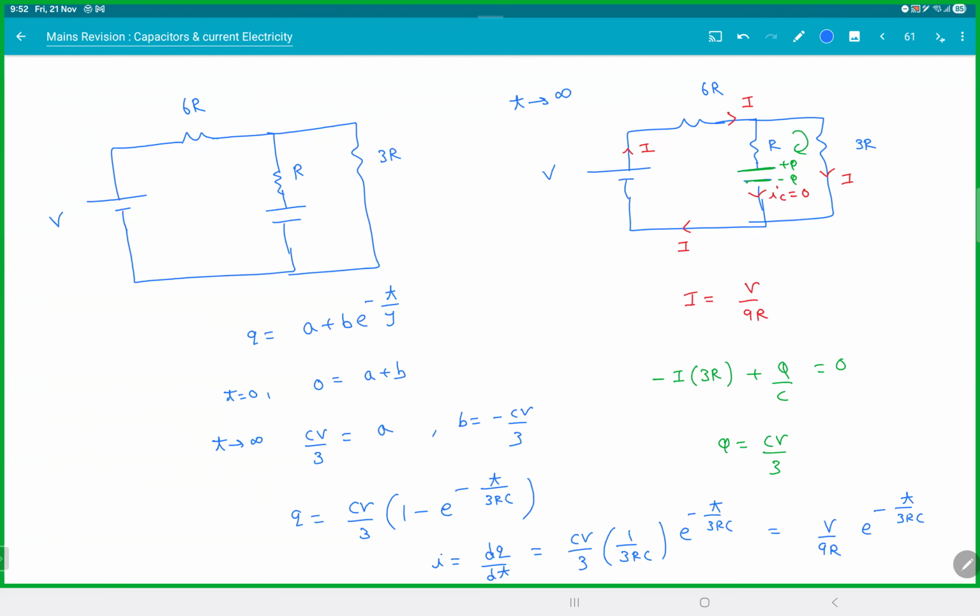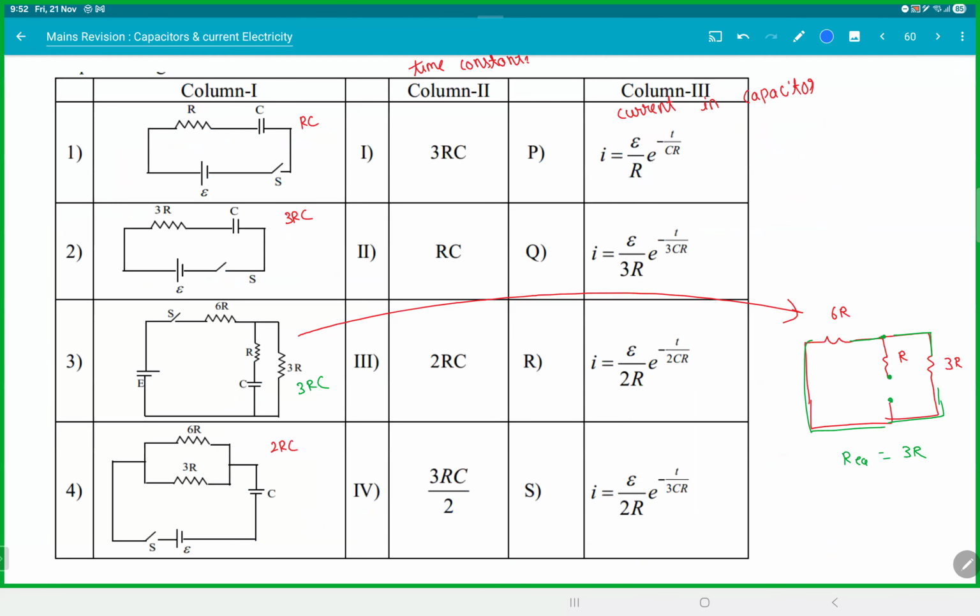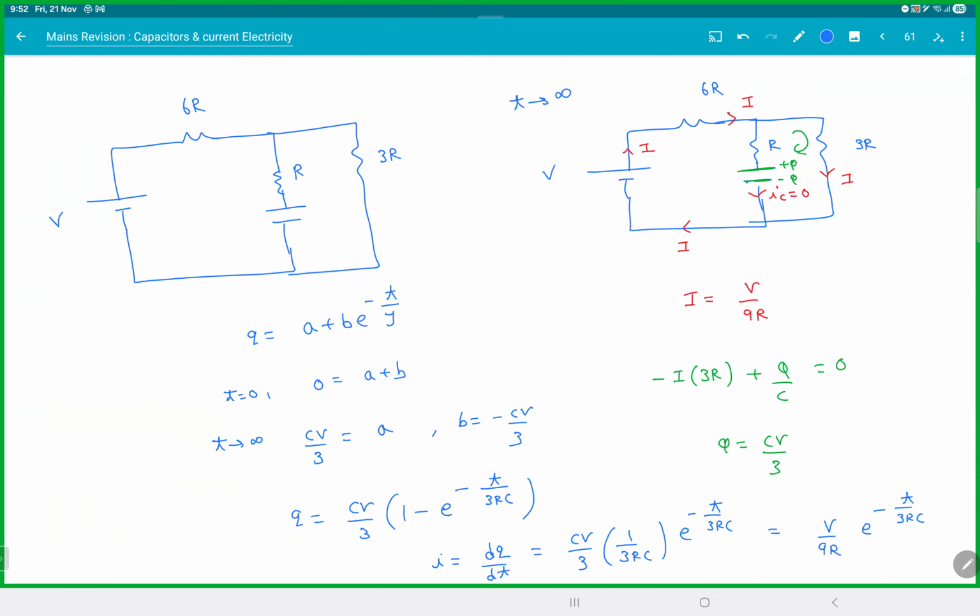Current in the capacitor. Or maybe this is a current in the battery, I suppose. Current in the battery, and that will be. Are the equations right?